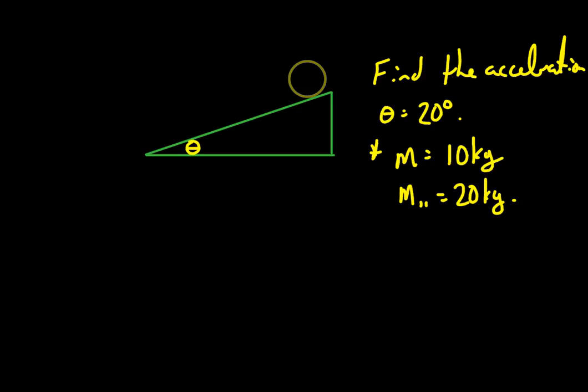All right, so let's start to solve here. Let's draw in our free body diagram vectors. We've got our weight pointing down like that. We've got our normal force here like this.